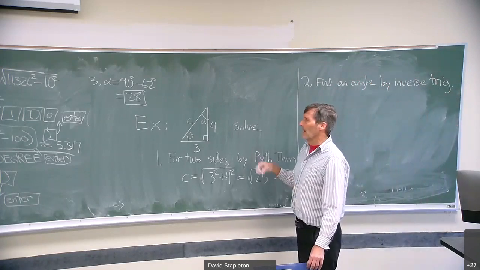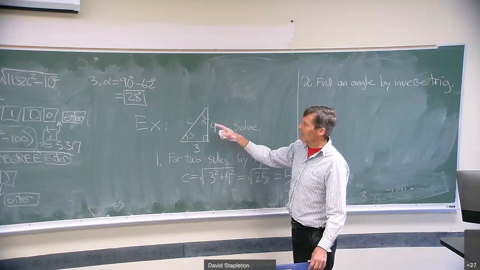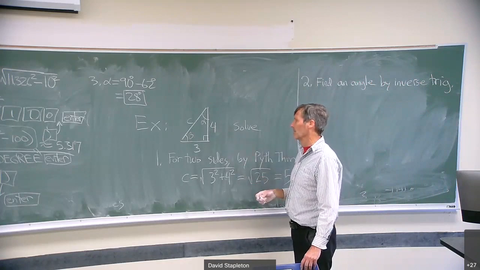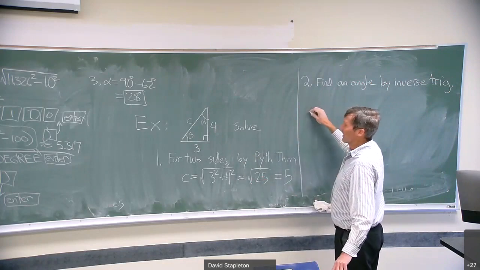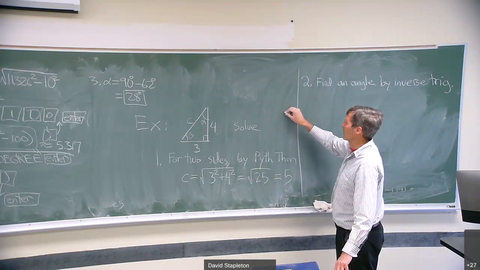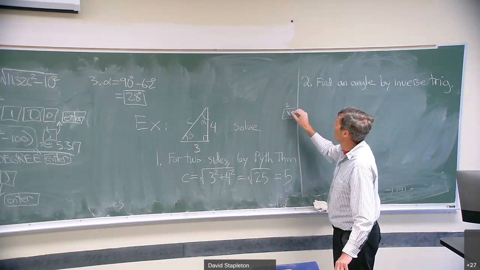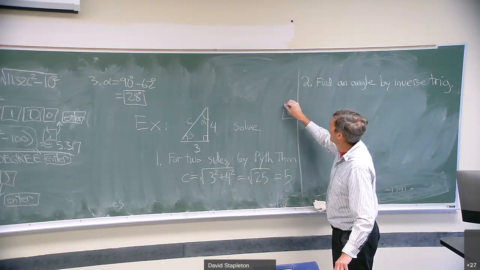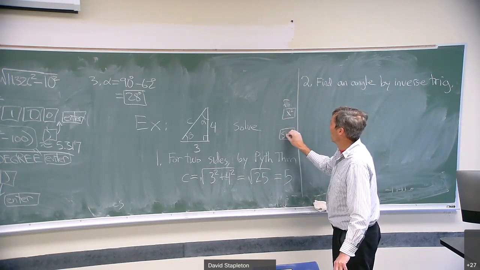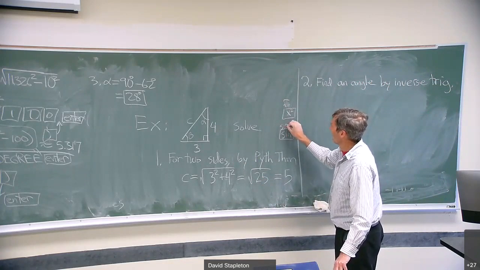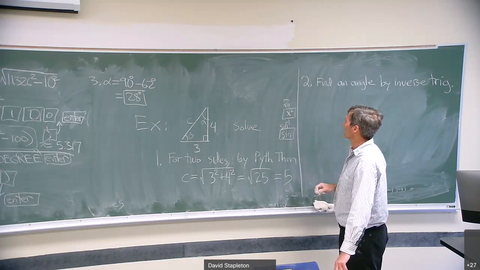That's finding the angle from the side ratios instead of the side ratios from the angle. So there's a button over your sine button, just like the square root goes over the square button to undo the square. Over the sine button, there's an inverse sine button to undo the sine.